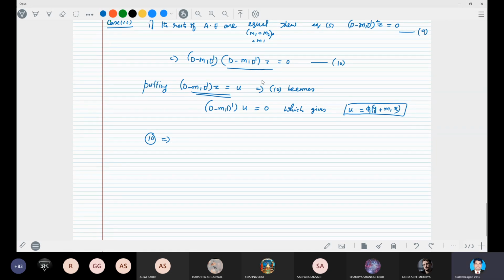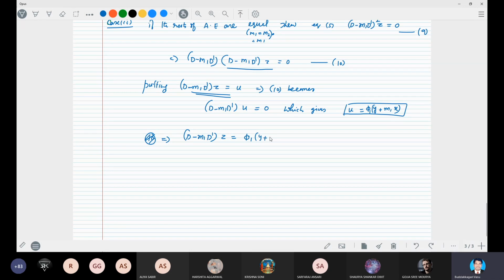Because we got the solution u, now we have to substitute here. So from the above equation, (D minus m1 D dash) into z is equal to what is u?